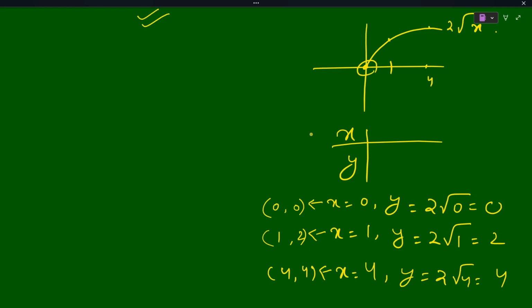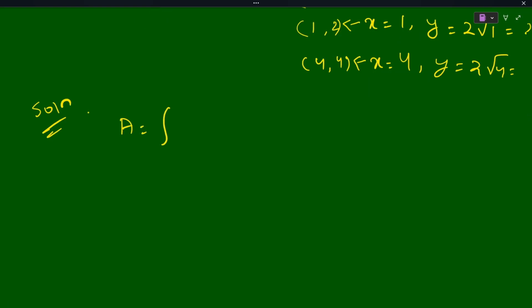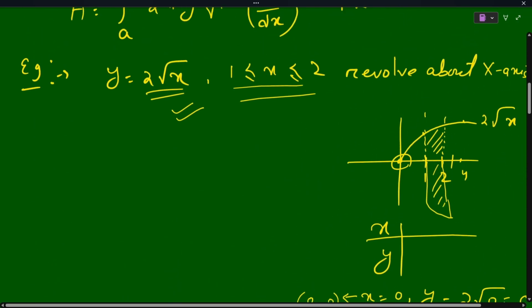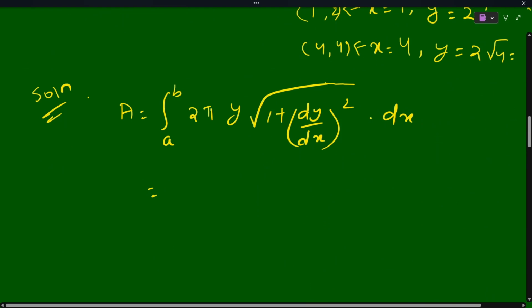Now let's see the solution. Writing the formula, it is a equal to the integral from a to b of 2 pi y times the square root of 1 plus (dy by dx) whole squared, into dx. Here I want to find the value of dy by dx, as y we already know. So y is 2 root x and the limits are already known to us, a to b is 1 to 2.